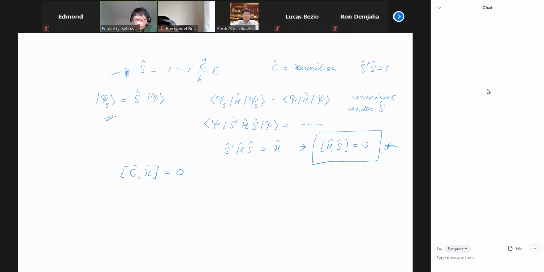Then if we work in the Heisenberg picture, we multiply this on both sides by that one, and that of course is equal to 0. That would mean that G in the Heisenberg picture commutes with the Hamiltonian.